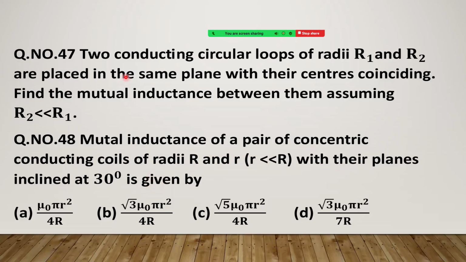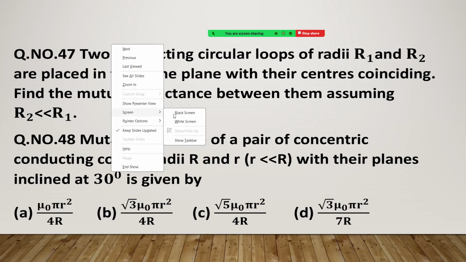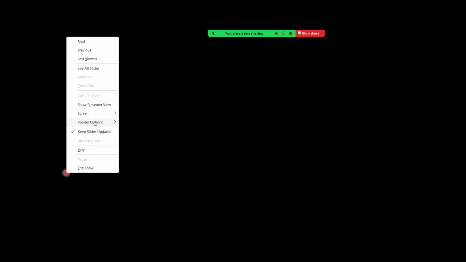We can see that questions 47 and 48 are almost the same. The only change is that in 47 both coils are in the same plane, but in this case the angle between their planes is given as 30 degrees. Let us see where the change comes in the calculation.